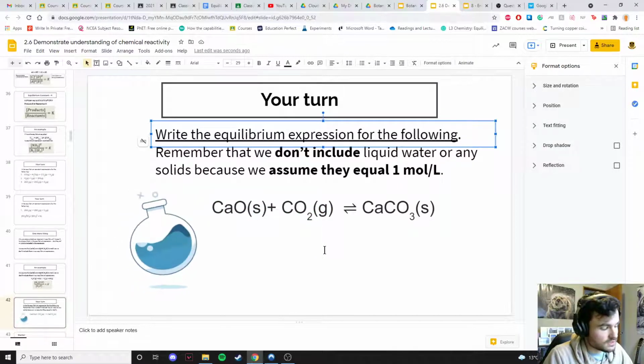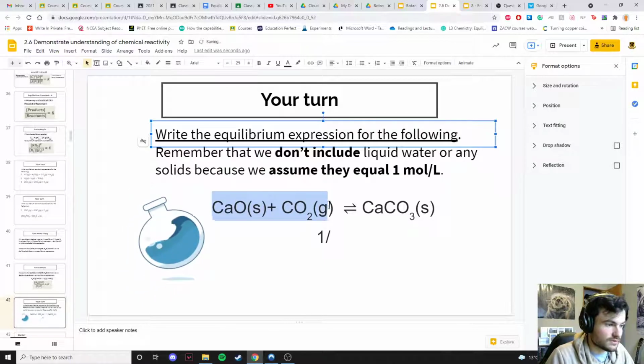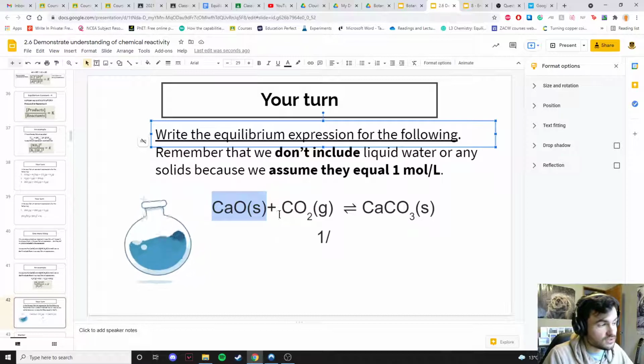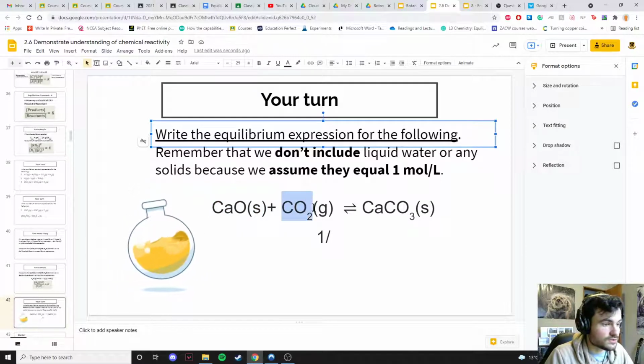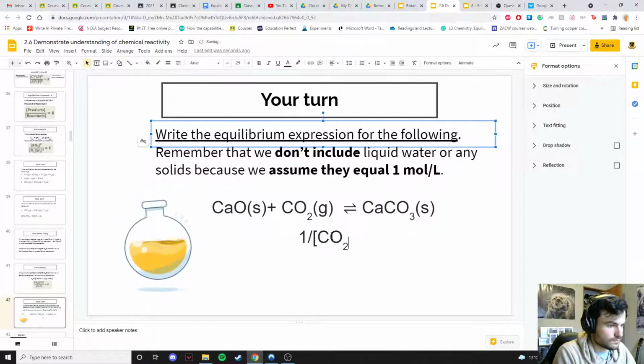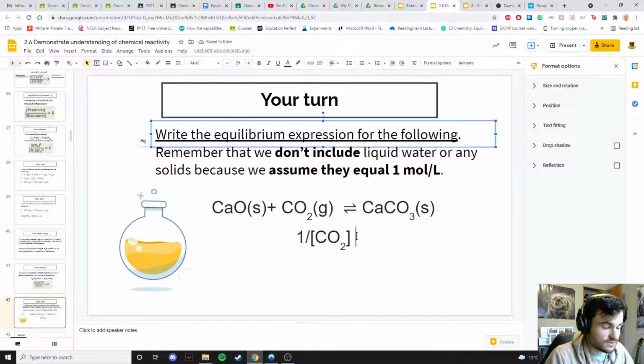What we do in this case is we're just going to say it's 1 divided by this number. We don't include this because it's a solid. So our answer is actually just going to be 1 over the concentration of CO2. That is our answer, and that equals Kc.